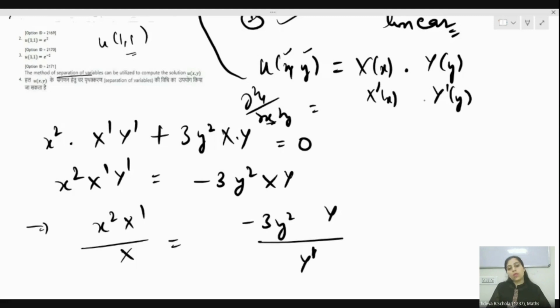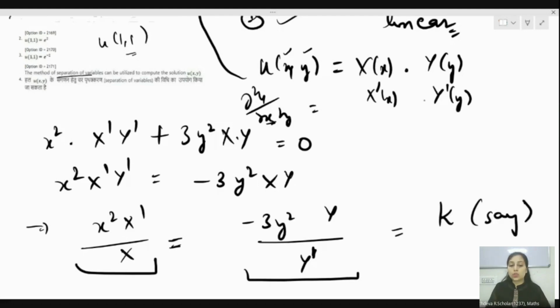Now this whole depends on x only, this whole depends on y only. So making these two equal, we must say this will be equal to some constant, say k. To make these two different variables equal, both must be equal to some constant.